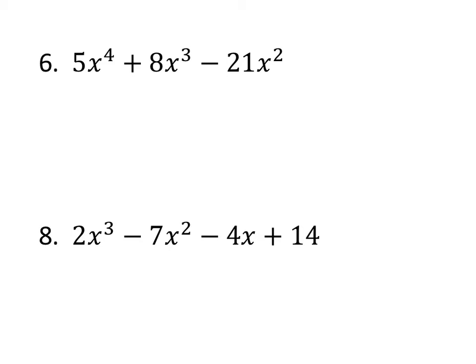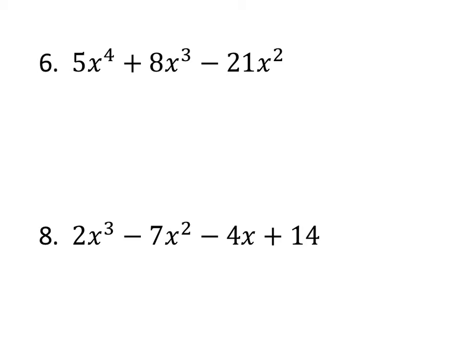All right, so the next problem I want to look at is number 6, and this problem looks pretty complicated: 5x to the fourth plus 8x to the third minus 21x squared. And of course, the first thing you always want to look at is, does this expression have any greatest common factor?